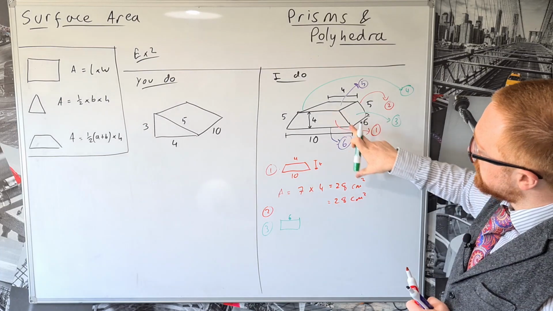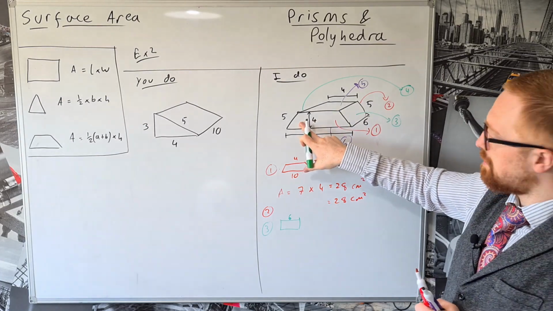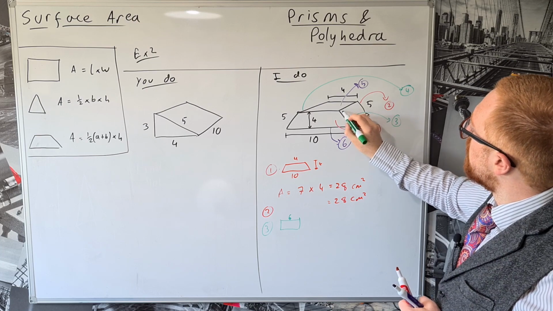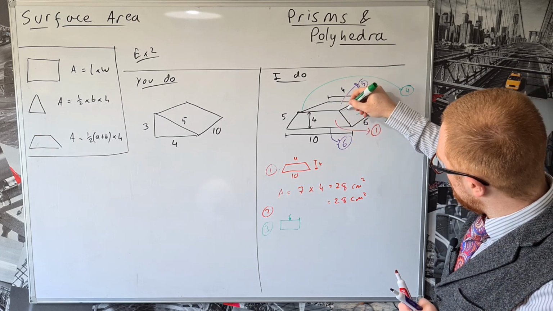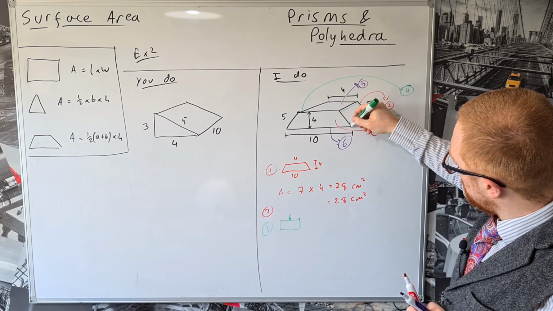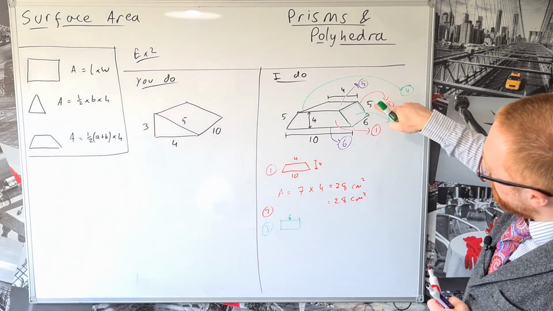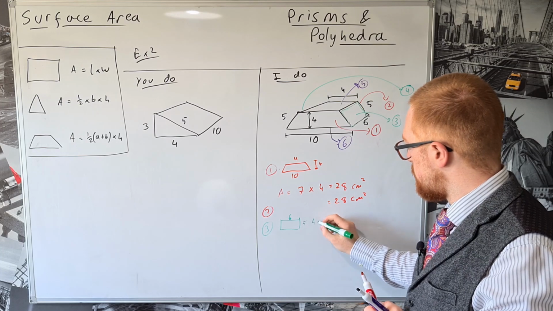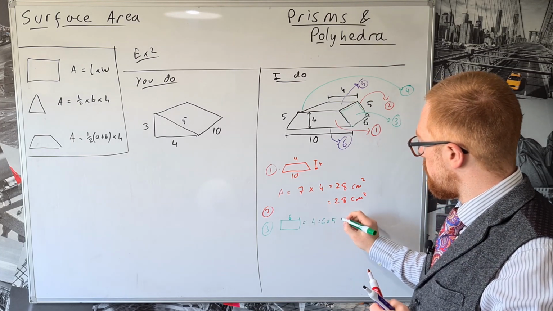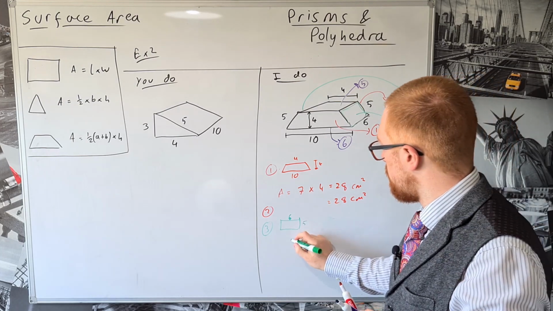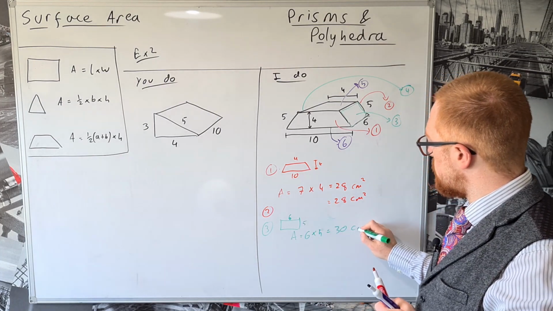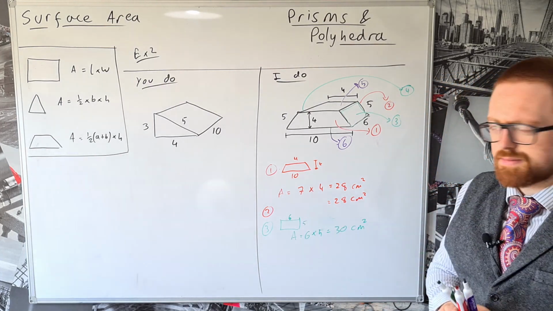Now the height of this rectangle, it's not 4. You've got to be really careful here. The length we're actually after is this length here, which is 5. So then the area of this is equal to 6 times by 5, right, do it below, is equal to 30 centimetres squared.